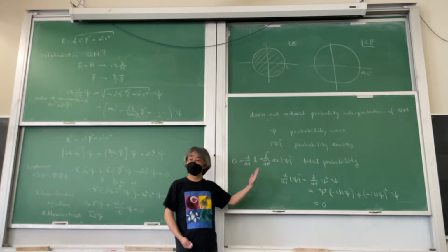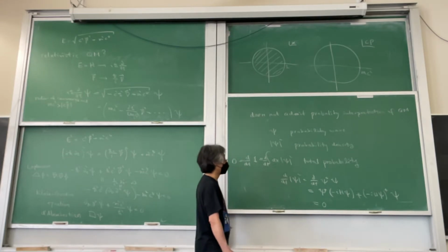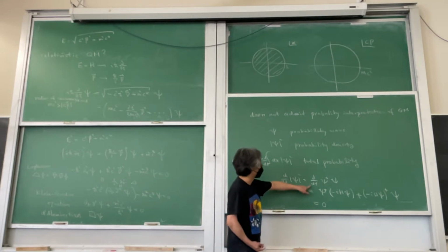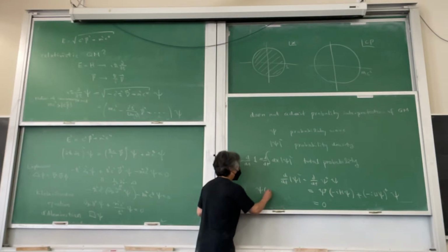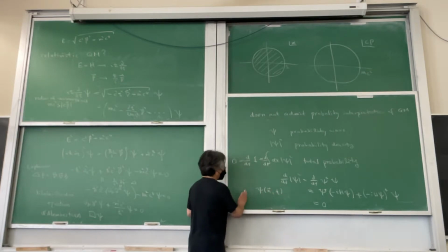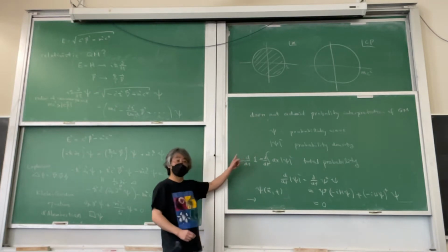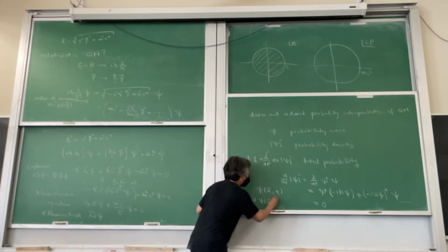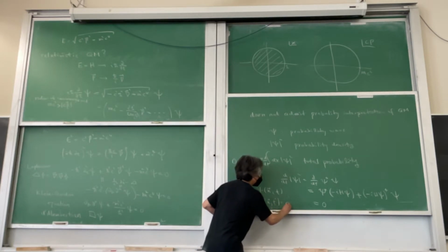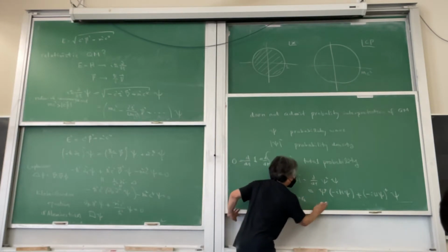Namely, that was due to the hermiticity of the Hamiltonian, and also due to the fact that this is a first order differential equation in time. Once you specify psi everywhere at a given time t, then the Schrödinger equation is actually deterministic, because the wave function at a later time is completely fixed by this time evolution operator acting on the initial condition.